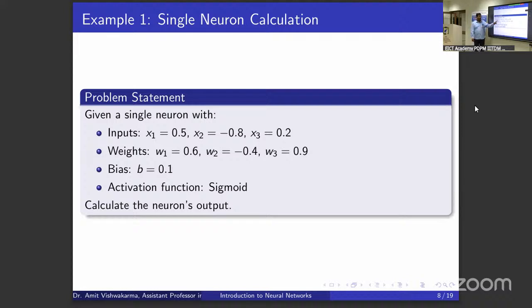So Z is computed. Now we have to compute A. A is nothing but f(z), which is 1 upon 1 plus e to the power minus z. So the question is to calculate the neuron's output. I will wait for your answer first, then we'll put this.